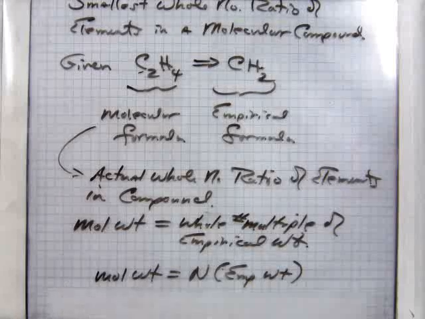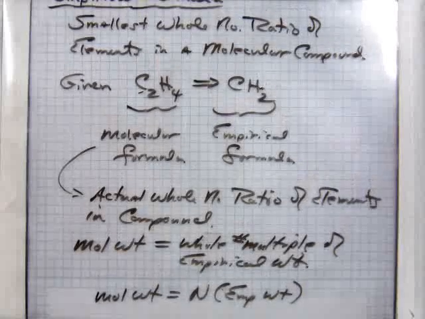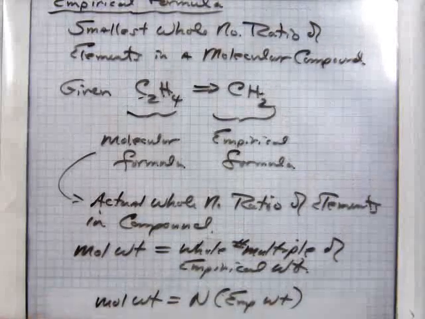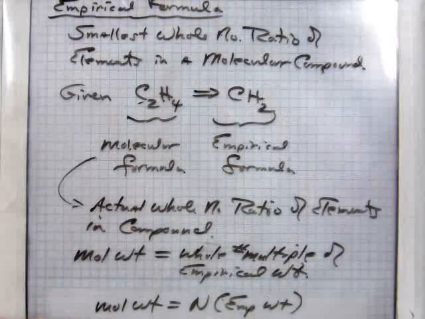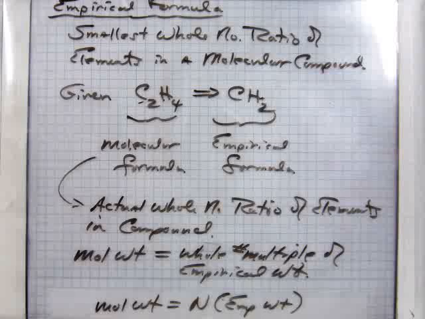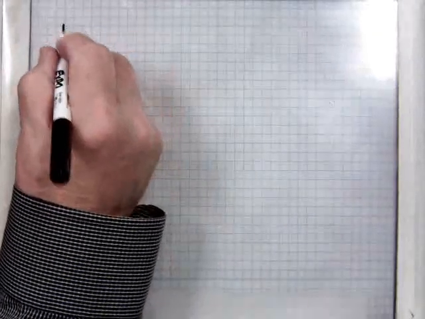Okay. So those are some critical definitions that you need to get started in this determination of the empirical formula. So let's take about 10 minutes. Determination of the empirical formula.